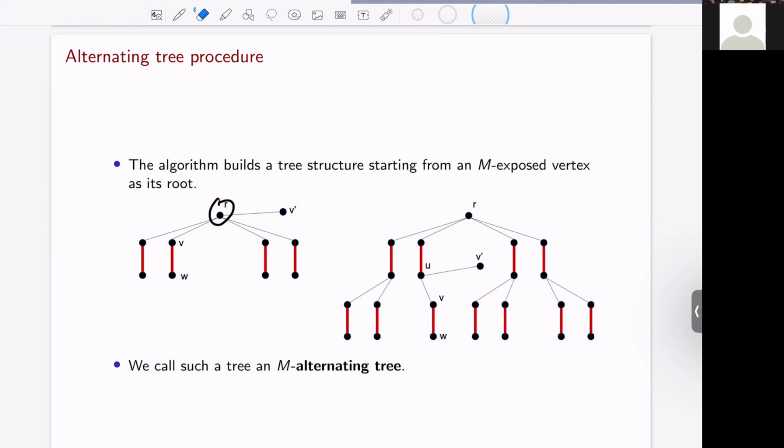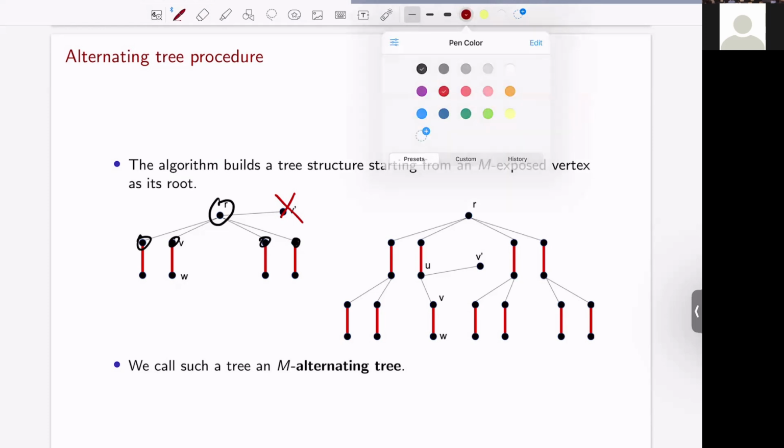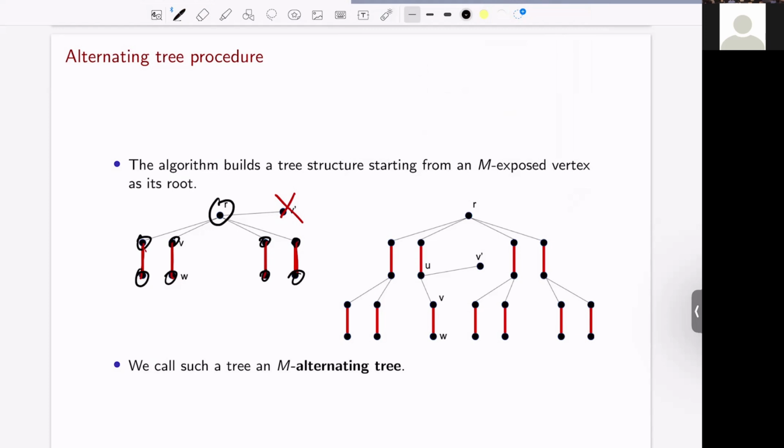If you don't have such a neighbor, then all the neighbors of the initial exposed vertex are covered by matching edges. Then you also enumerate these matching edges like this. Now you look at these edges at the bottom, and you treat them like exposed vertices.